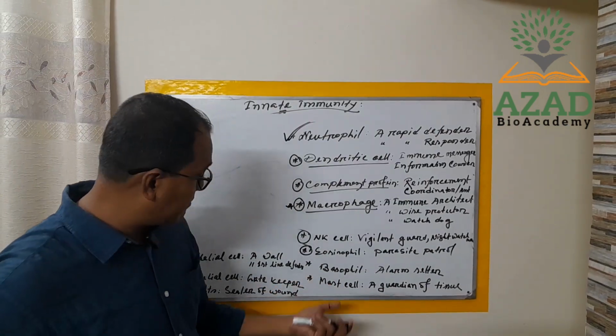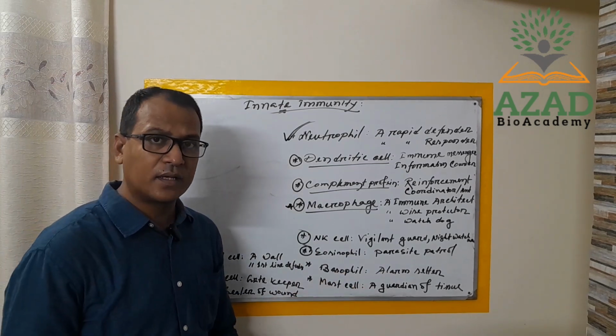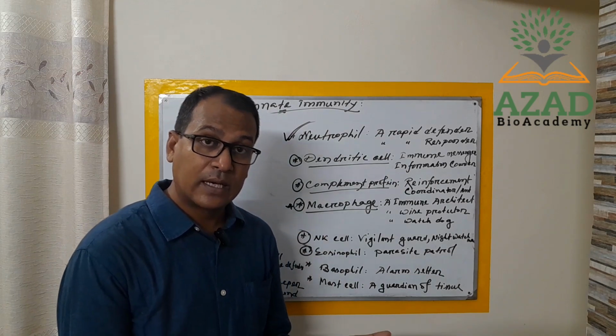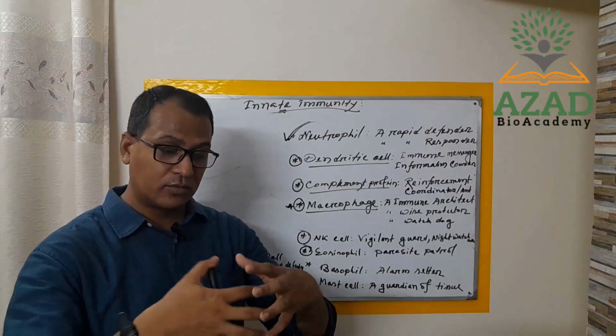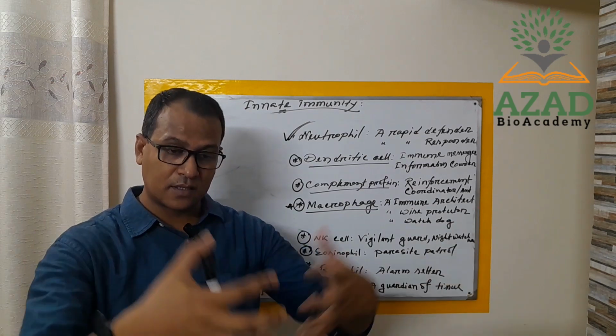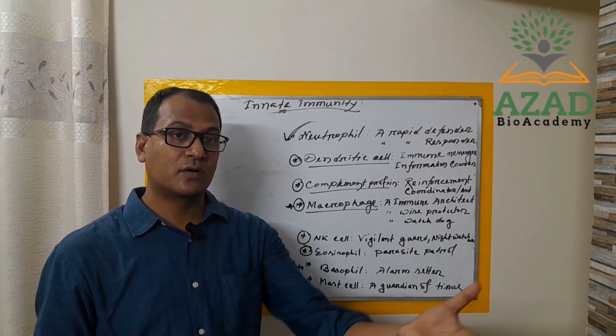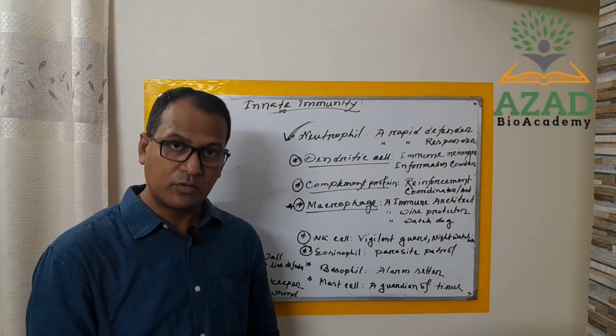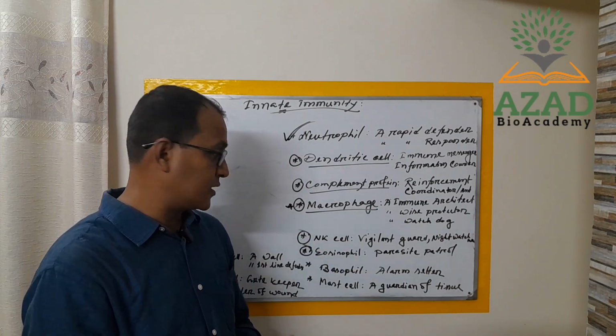And the next one is the basophil. The basophil is responsible for producing histamine. This histamine can act as a vasodilator, and that will arrange the entry of different immune cells into the affected areas.